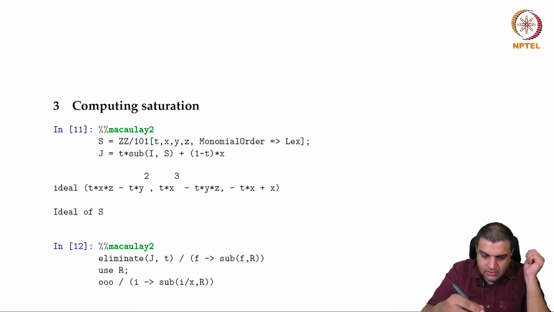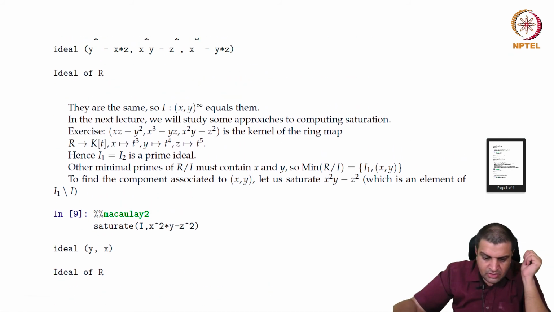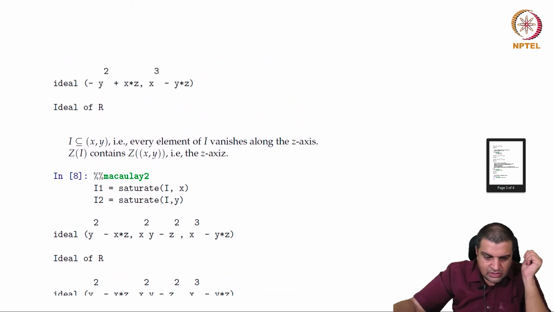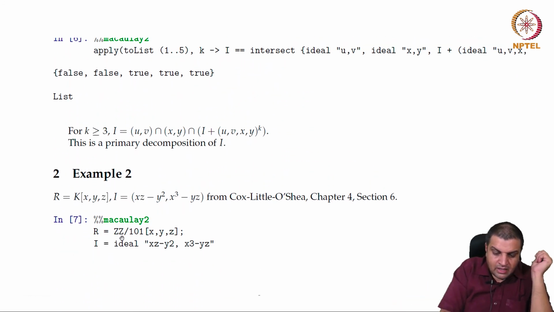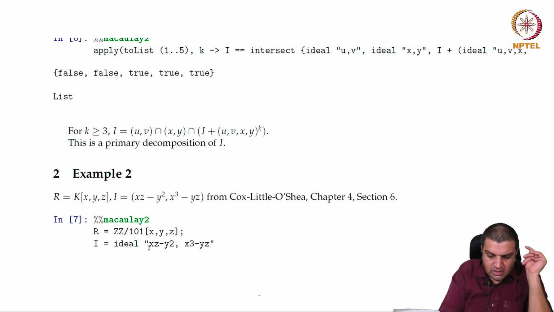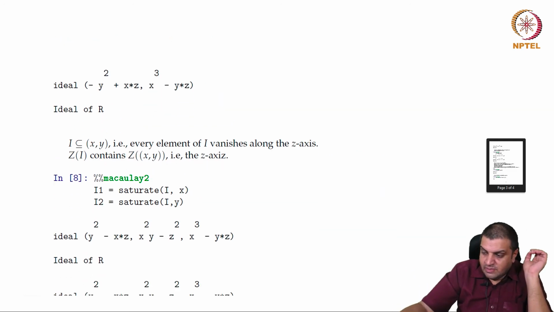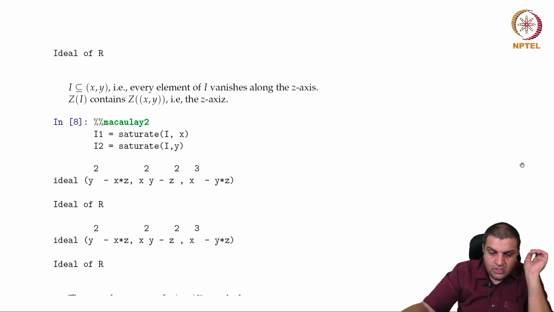This is again the continued example that we saw in the last lecture, where R is ZZ mod 101, just any field, not very big, so that the computations are faster. X, Y, Z, and the ideal is xz minus y square and x cube minus yz. Okay, and we would now like to saturate x and saturate y.